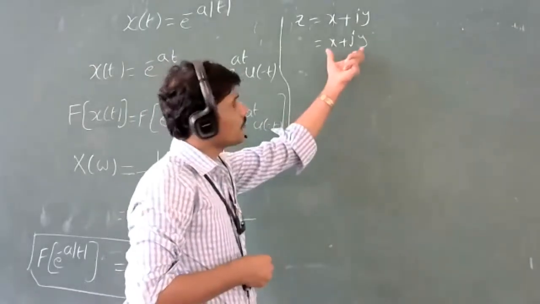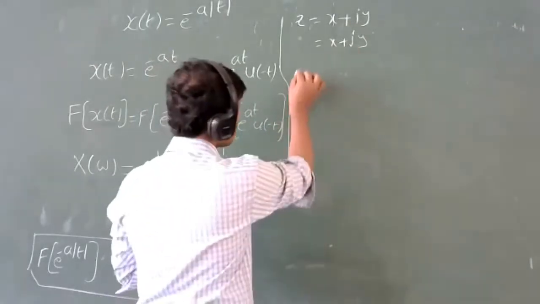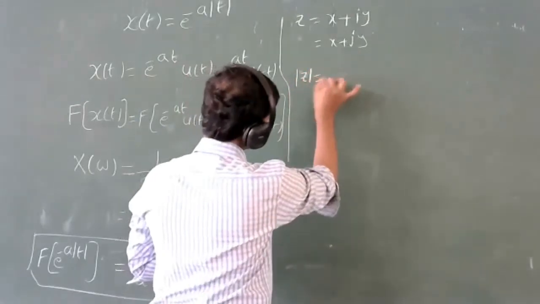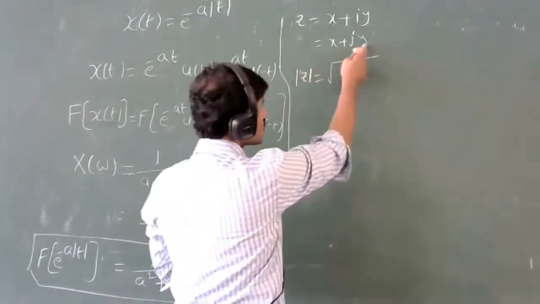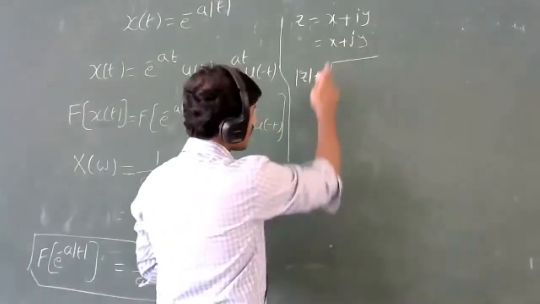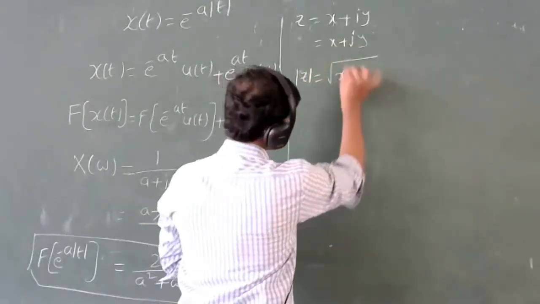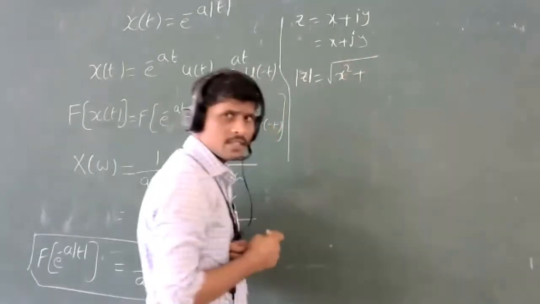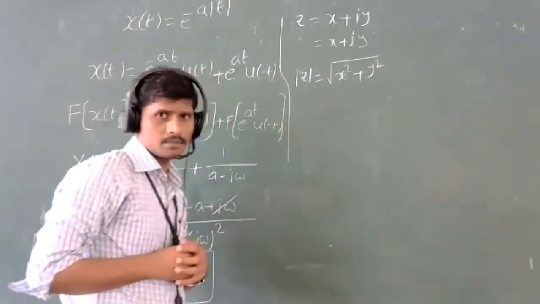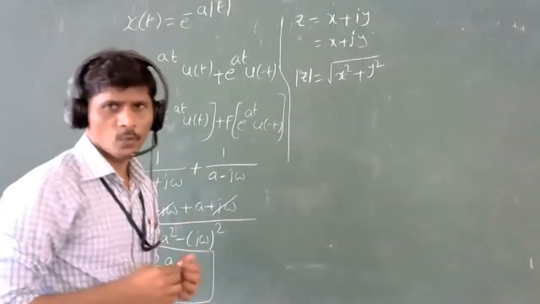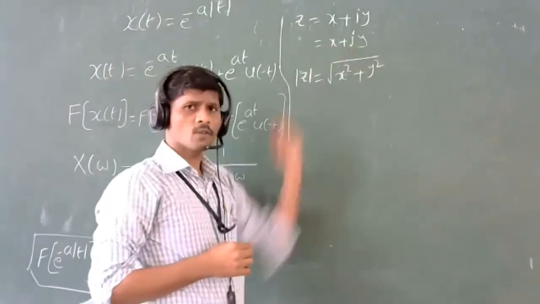How to calculate the magnitude of this equation? The magnitude is equal to the square root of real part square plus imaginary part square. For x plus jy, what is the real part? x is the real part. x square plus, what is y? The imaginary part. y square. So this is the magnitude formula of this rectangular form.